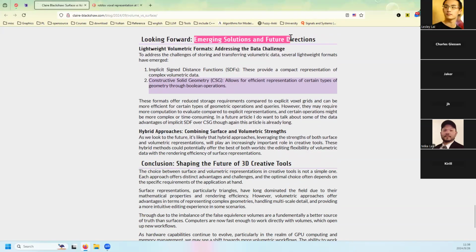Emerging solutions and future directions. Lightweight volumetric formats. Implicit SDFs and CSG.